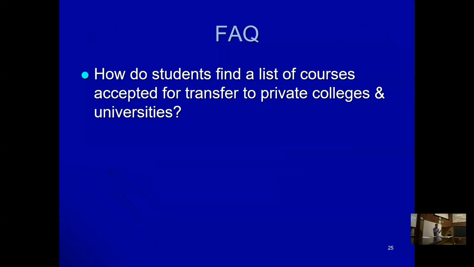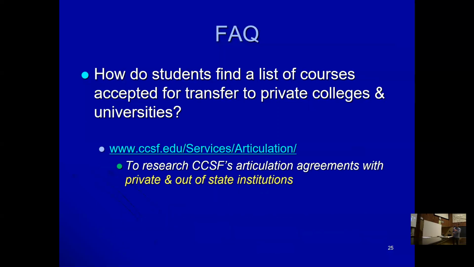You want to find out, what does that agreement consist of? The classes I've taken here at City College of San Francisco, how will they help me transfer there? I don't think we have time to go there, but check with me later if you're interested. That's what this slide was referring to.